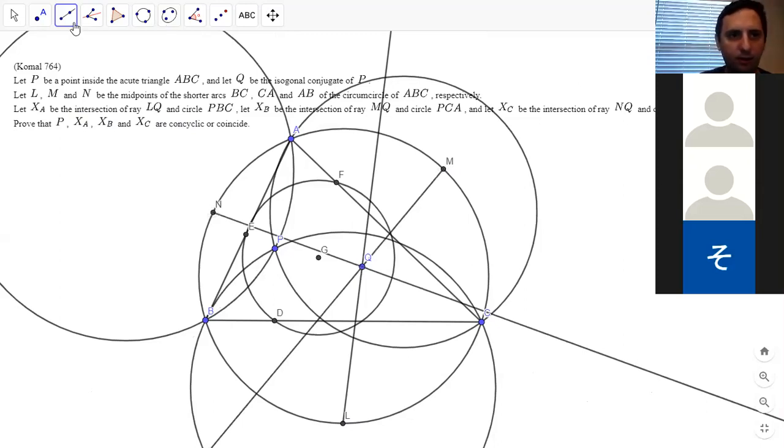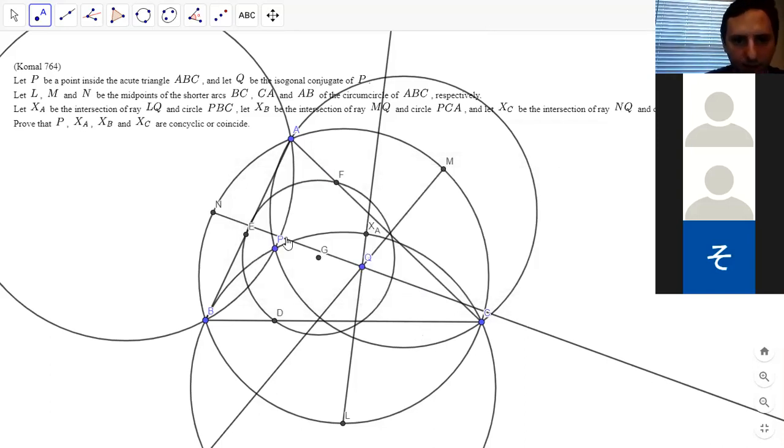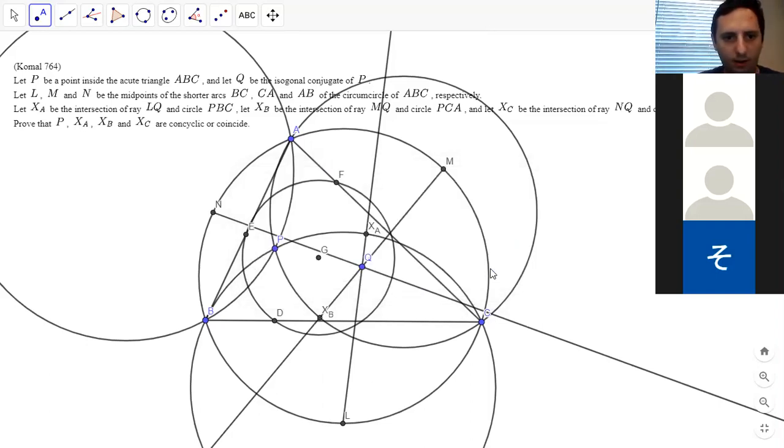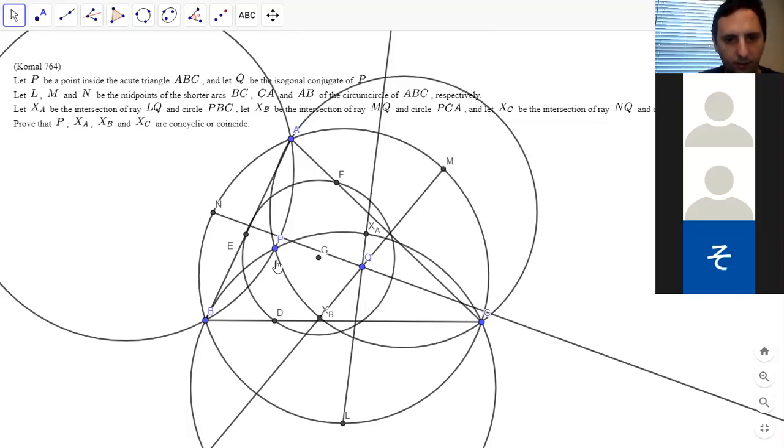And they meet their corresponding circles at this point, XA, and then this point, which is XB, and then this point, which is XC.